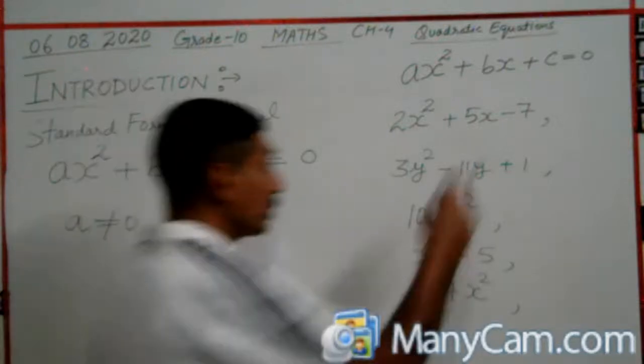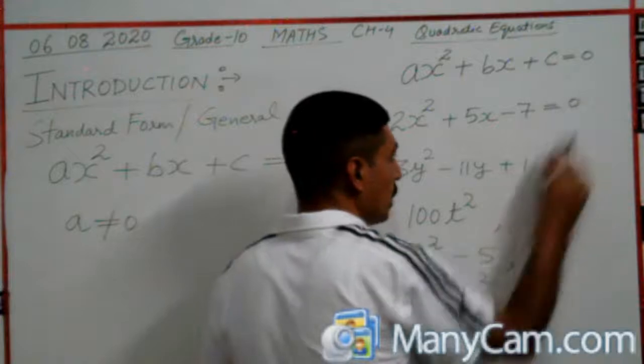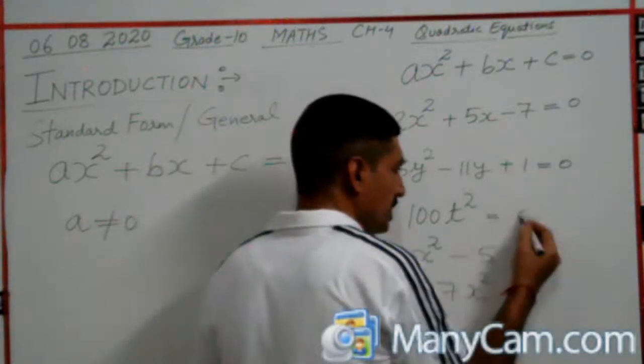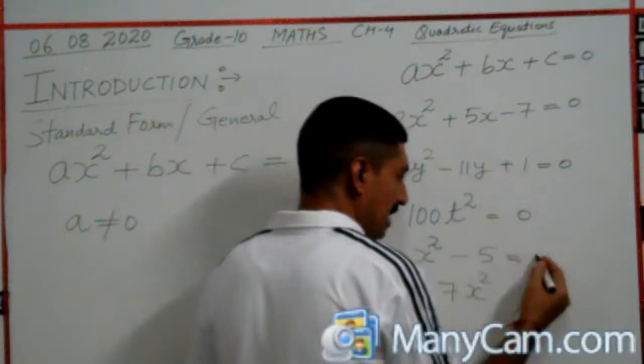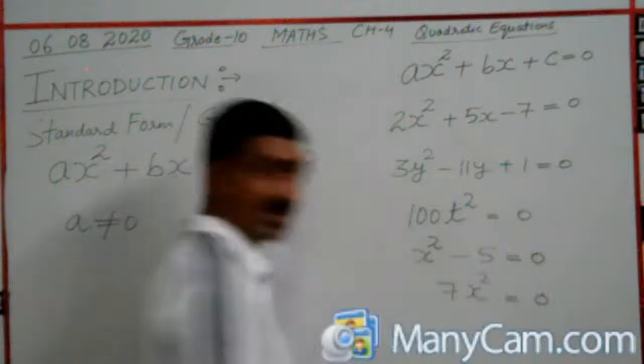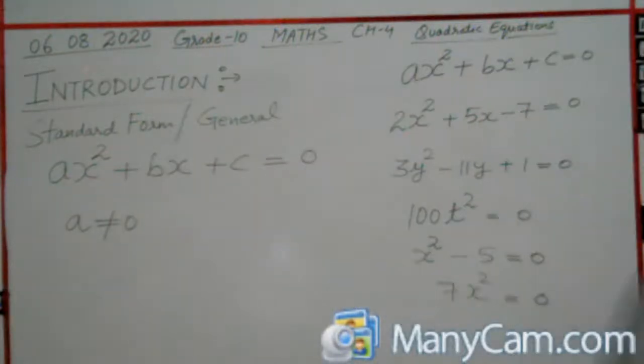When we equate it to 0, 100t square equal to 0, or x square minus 5 is equal to 0, all these equations are quadratic equations.